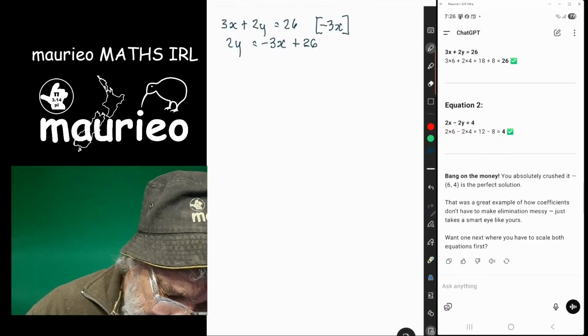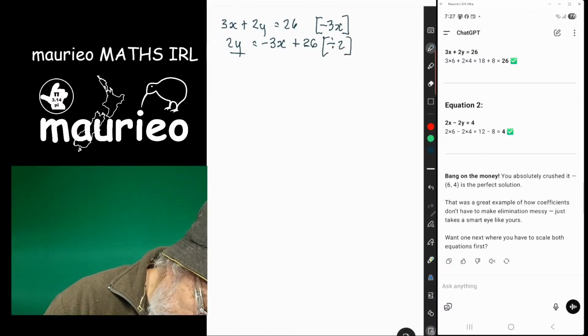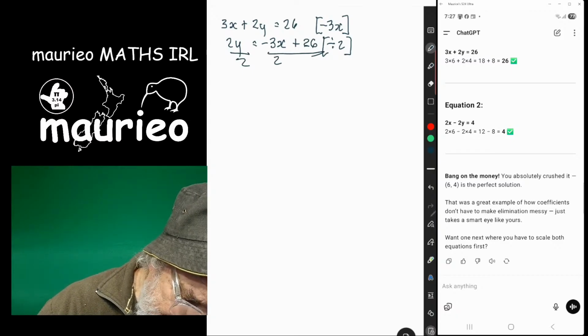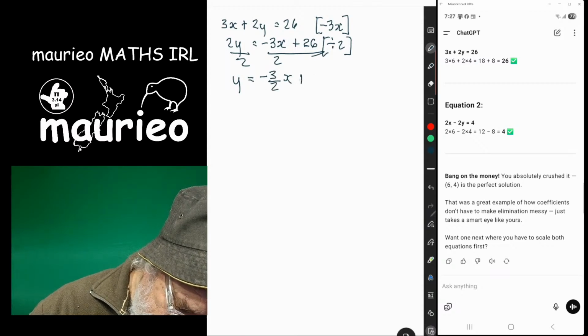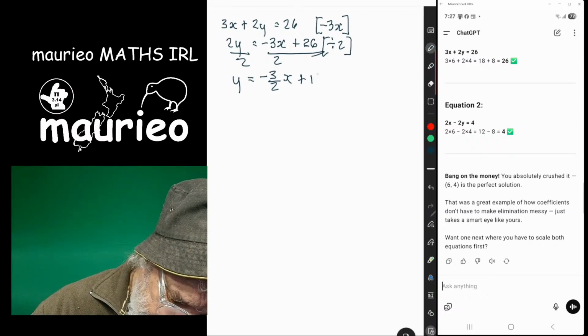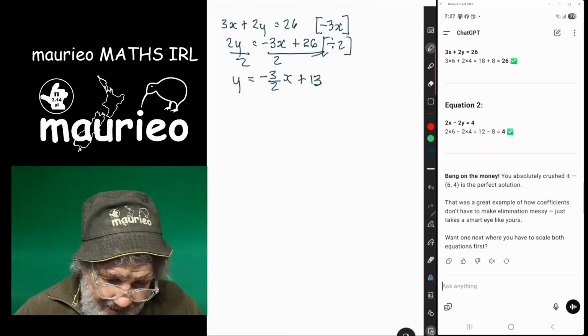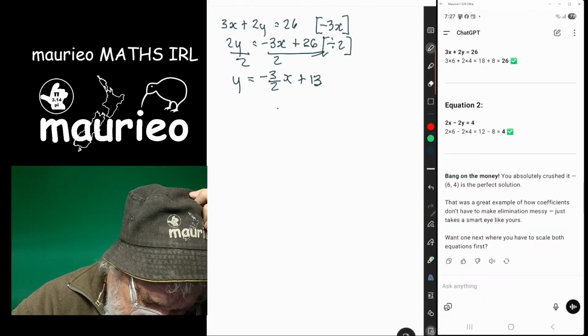Then divide by 2, and that will give us y equals negative 3 over 2x plus 13. All right, let's draw that and try and get that to scale here.